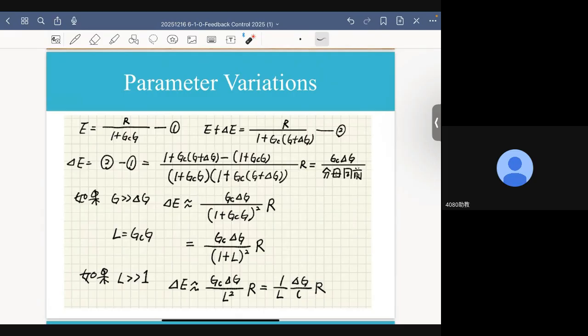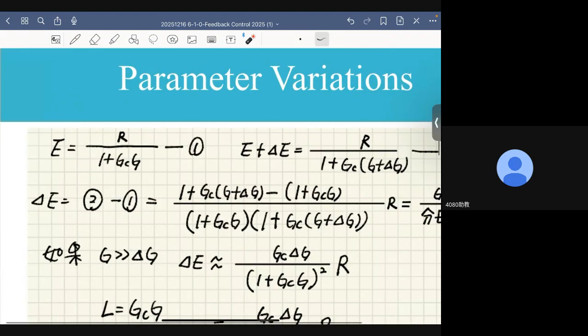It is not a signal, okay? So I cannot represent parameter variation as an input to my feedback control system. So I need to represent parameter variation as a modeling error. How do I do that?